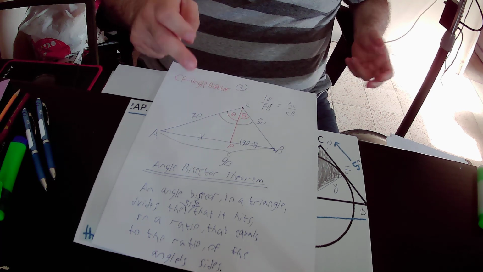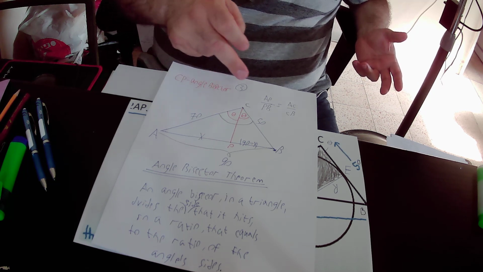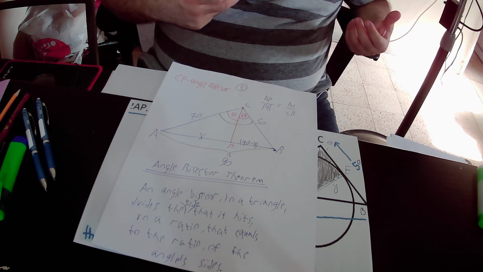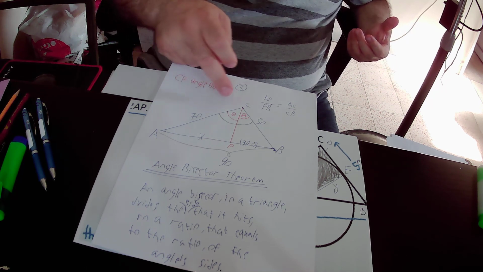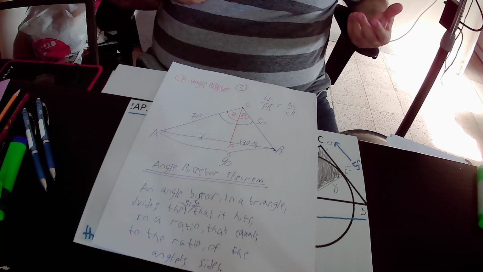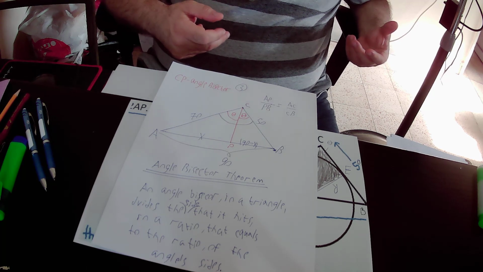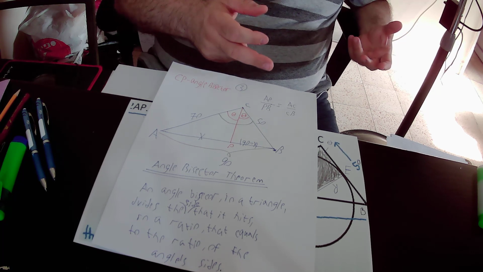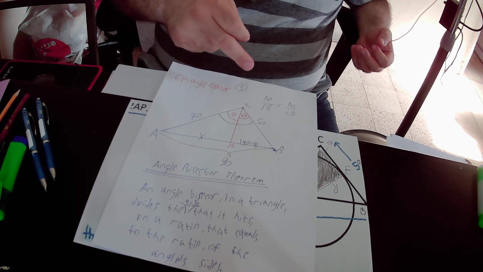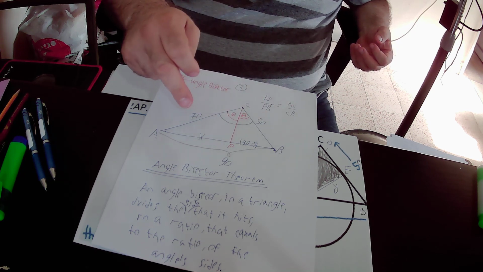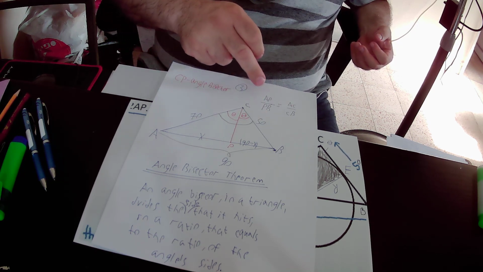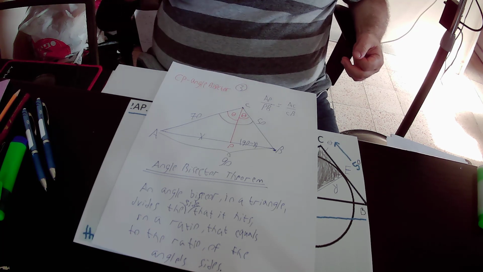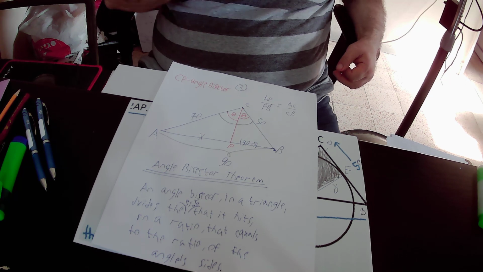That is to say, angle ACB consists of two sides, side AC and side CB, and the ratio between those two sides is AC over CB. So the ratio between the sides of this angle, AC over CB, equals the ratio in which angle bisector CP divides side AB. That is to say, AP over PB equals AC over CB.